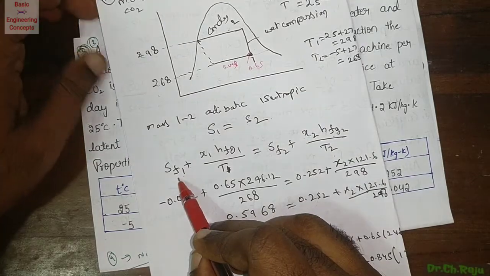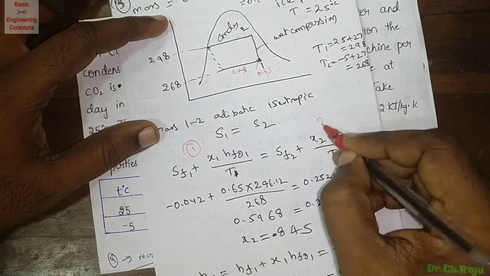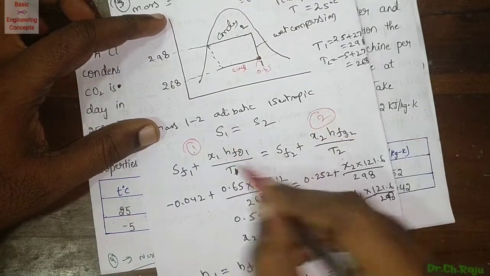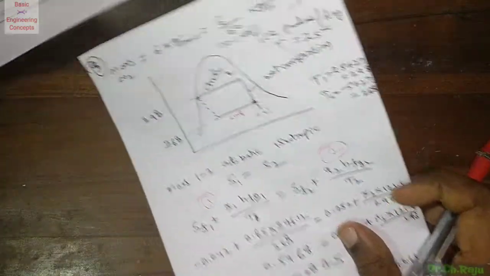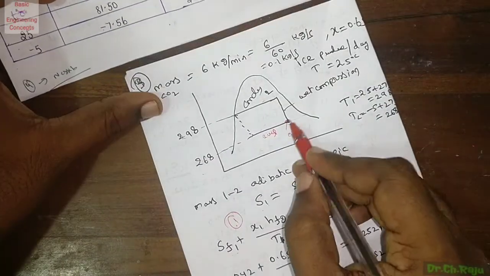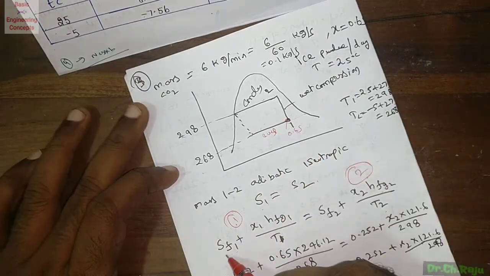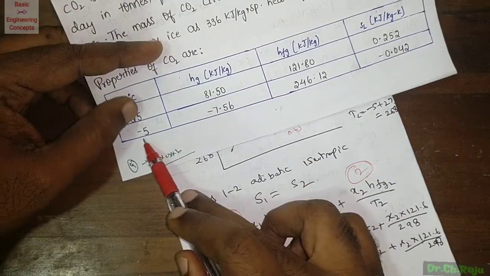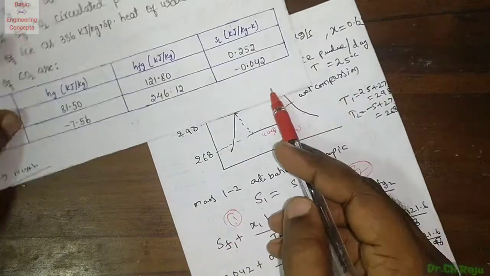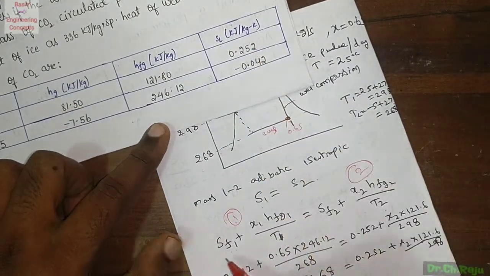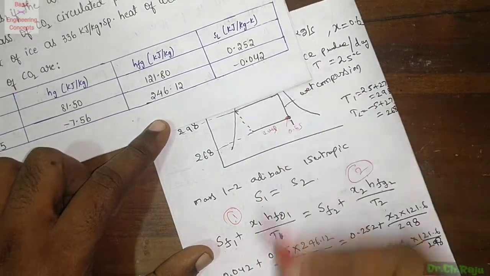Here this is condition 1, and this is condition 2. In condition 1, sf at minus 5 degrees is equal to minus 0.42.